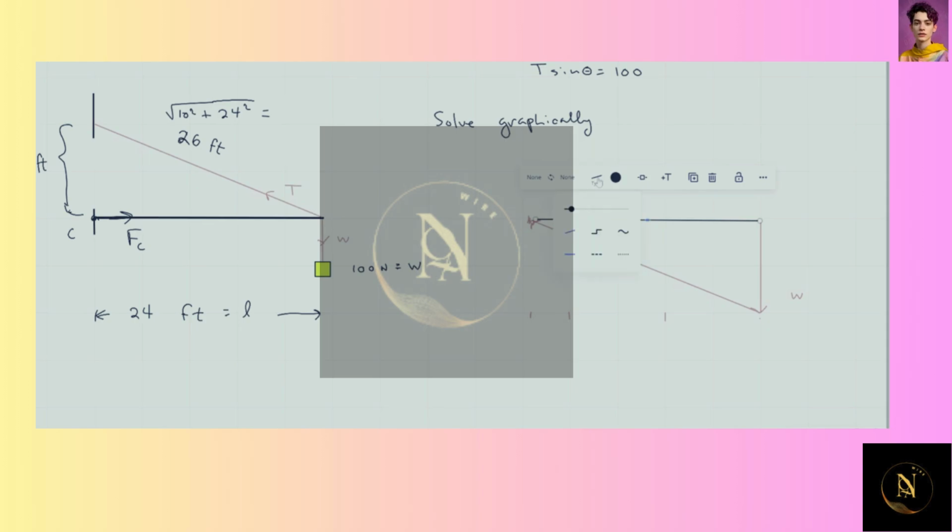And let's see, can we put an arrow on that? Well, let's put an arrow on that manually. So that is the compressive force.